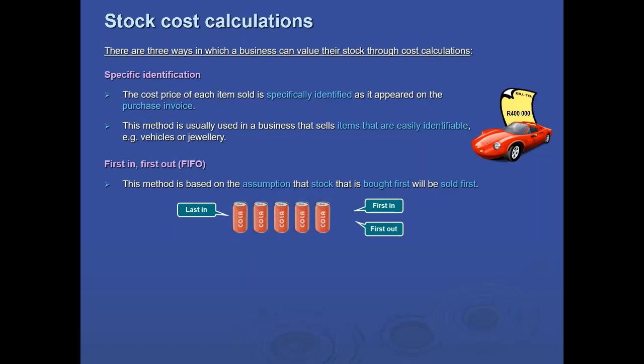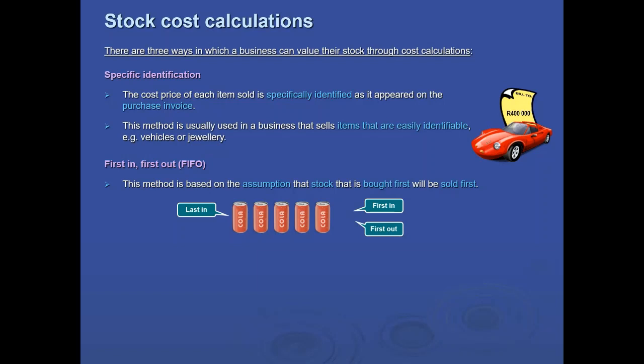So it will be very difficult to identify, just due to the large volume of Coca-Colas that you bought, which specific price is the one that you sell at when you actually bought it. So the specific identification method is not going to work well here.